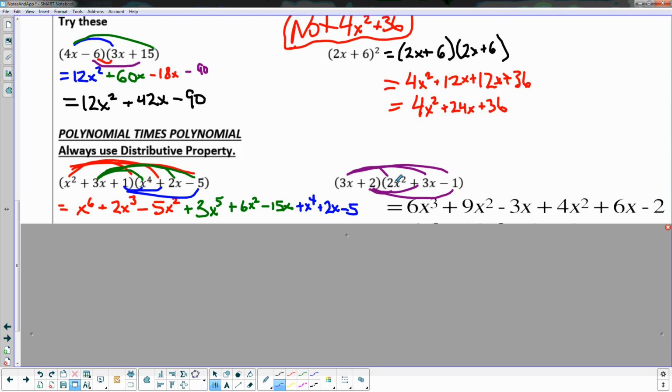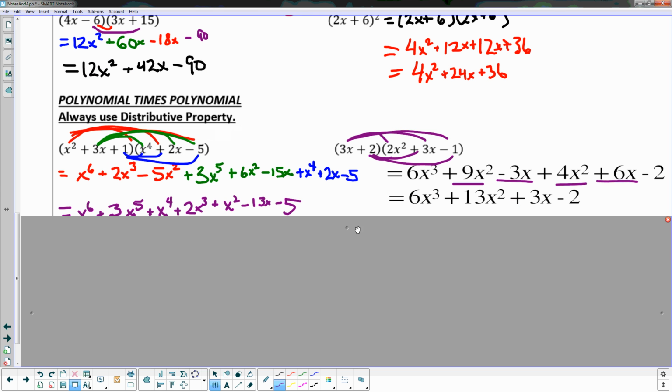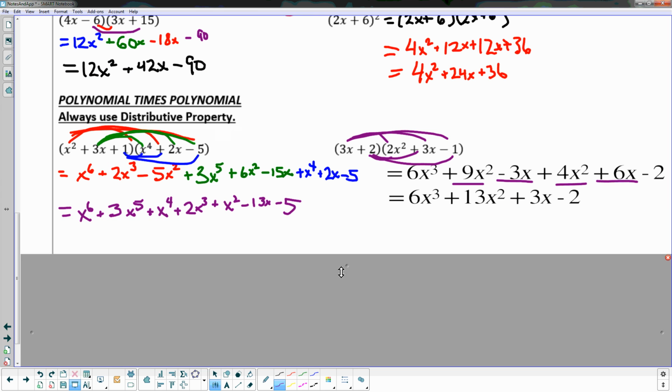So I get 3x times 2x squared is 6x cubed, and then 9x squared, 3x, 4x squared, 6x, and negative 2. Combining like terms, I have like terms in my x squareds, as well as in my x's. And so that's what I come up with for an answer.